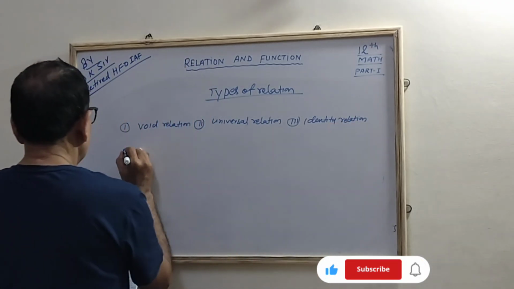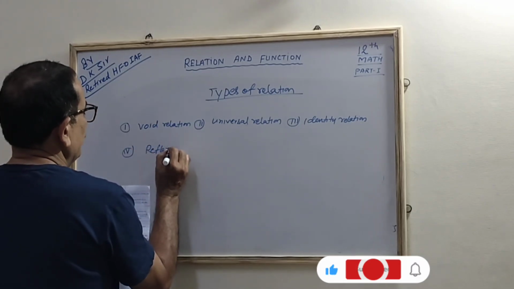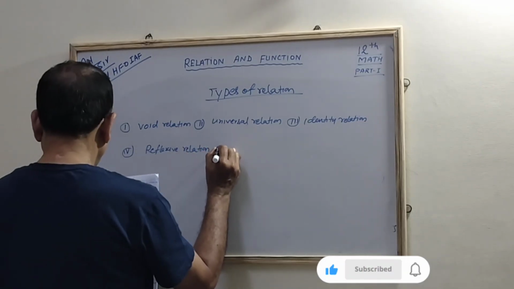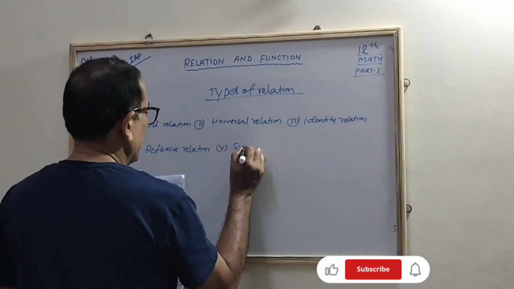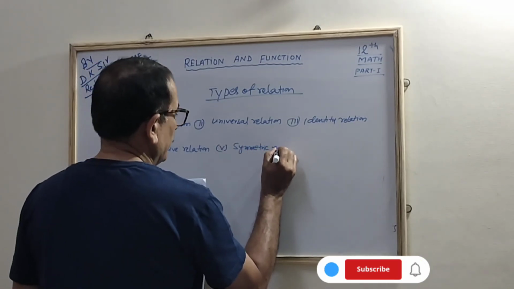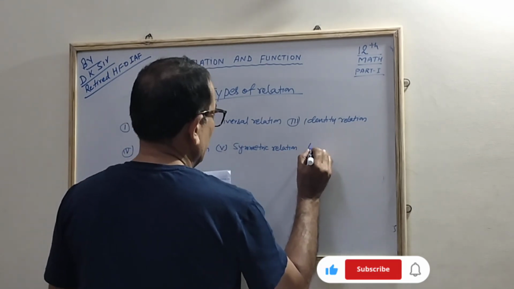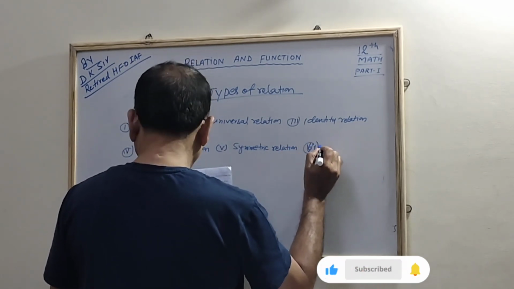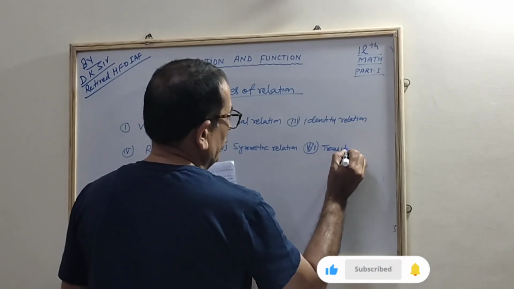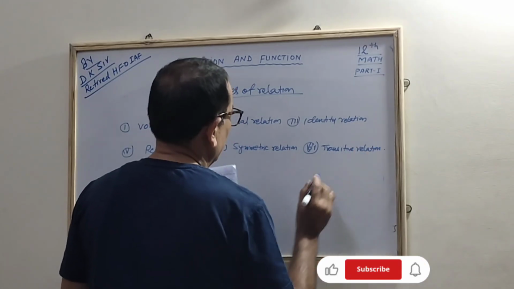The fourth is the reflexive relation. The fifth is the symmetric relation. And the sixth is the transitive relation.